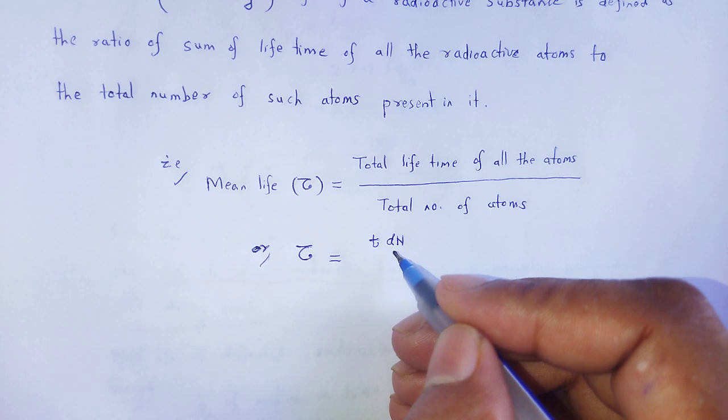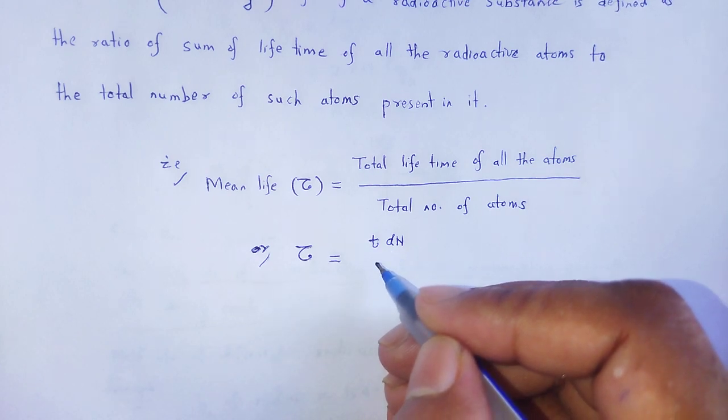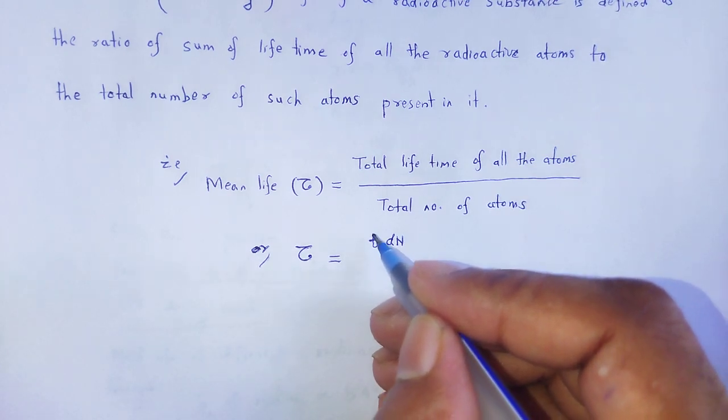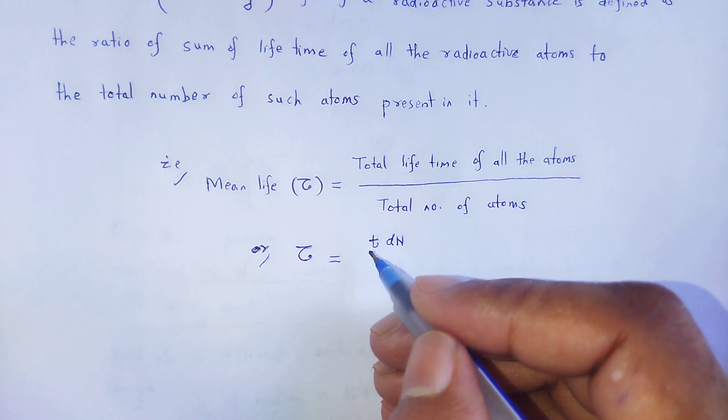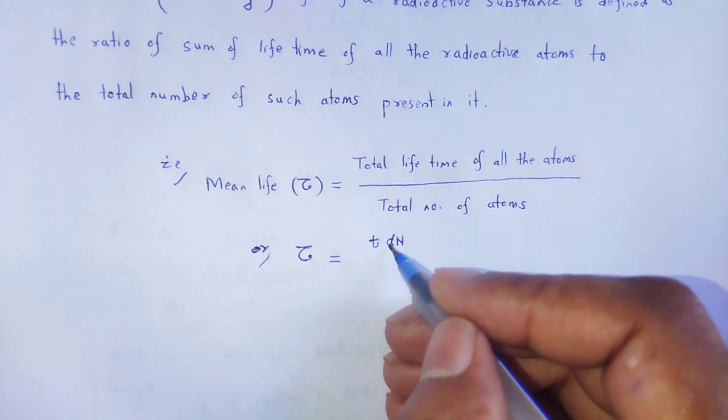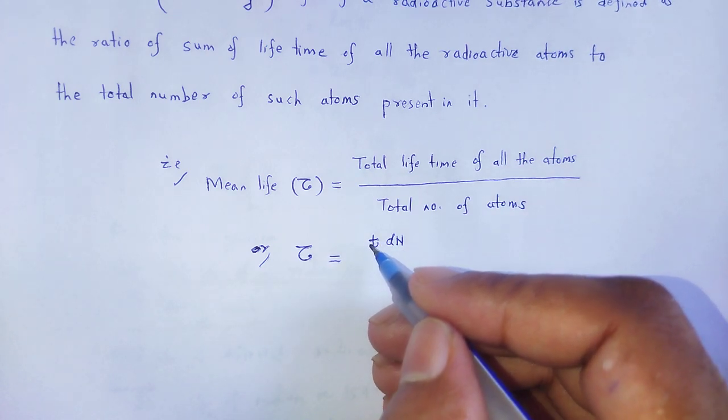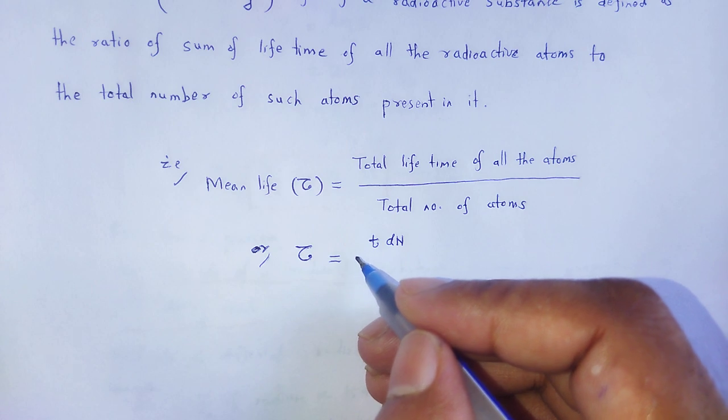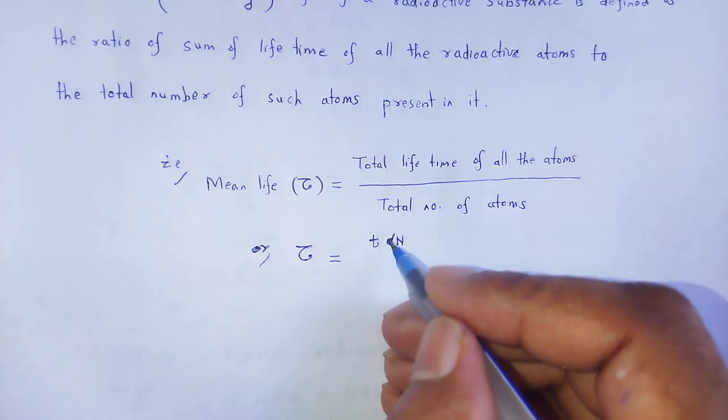So the time for all the atoms under disintegration, multiplied by t and integrated with proper limits, gives the total lifetime.